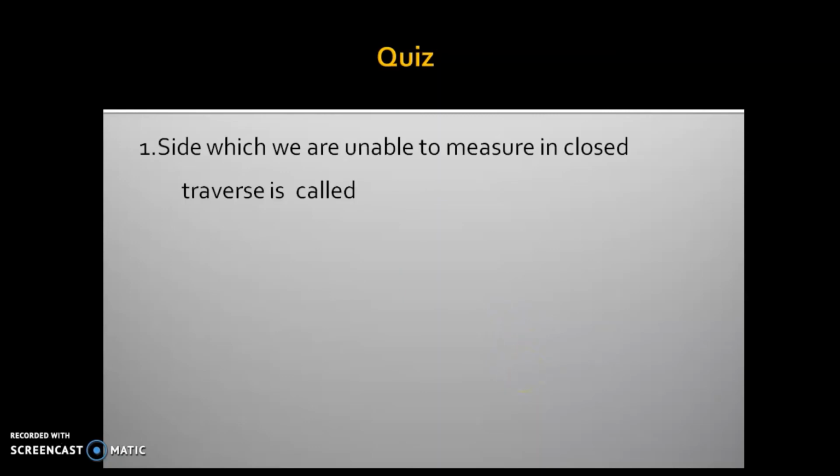Now, a side which is unable to be measured in a closed traverse is called: bad side, back side, affected side, or none. So it is the affected side. Okay. Here also our option has been affected with the light color, right?